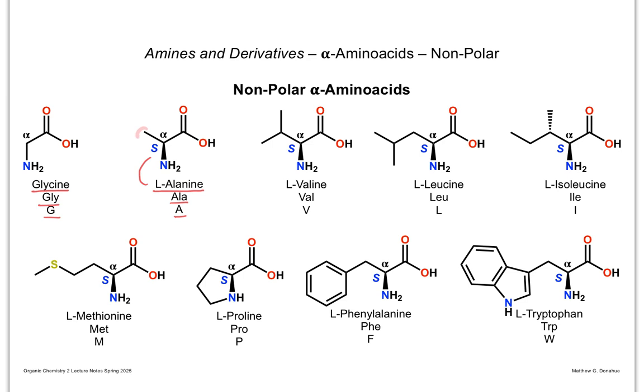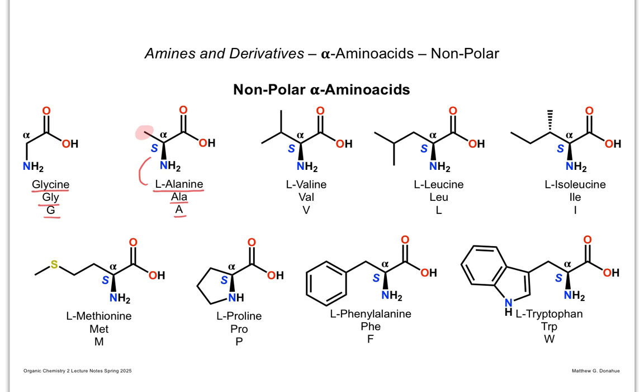The side chain highlighted in red there is a methyl group, CH3. What you'll notice about all of these nonpolar amino acids is basically they're very carbon rich. And moving along, they're pretty short looking side chains.